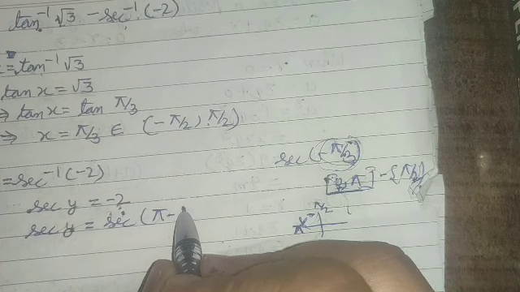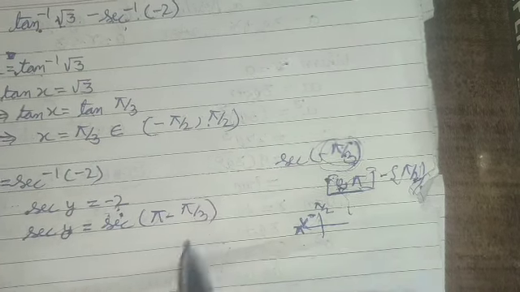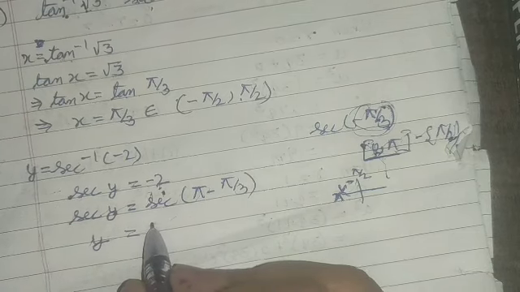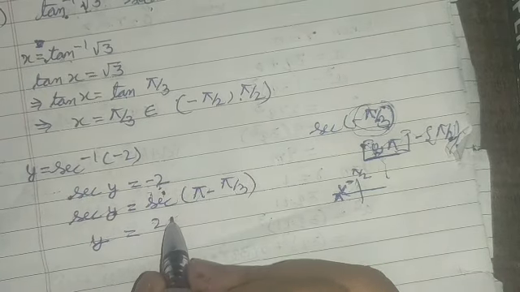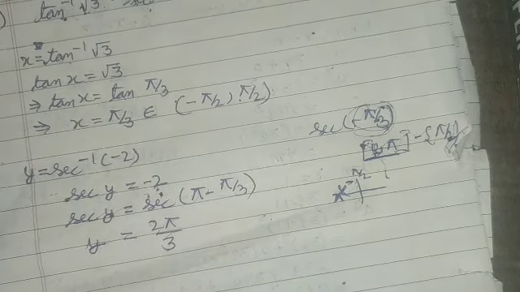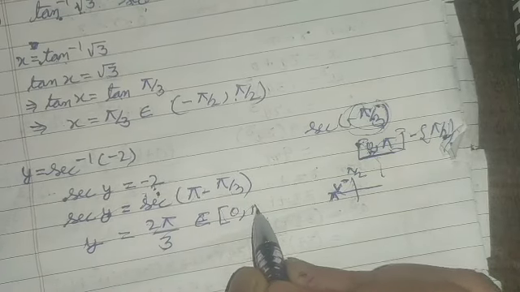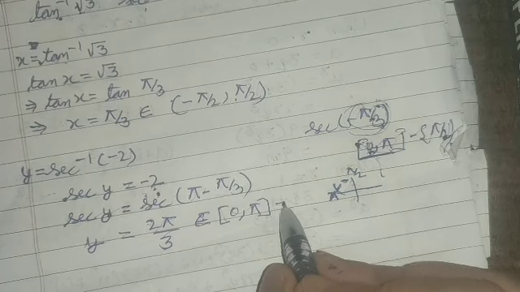So this will be y equal to pi minus pi by 3, which is 2 pi by 3, and this value belongs to 0 to pi, excluding pi by 2.